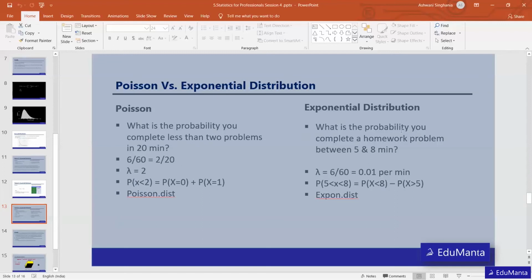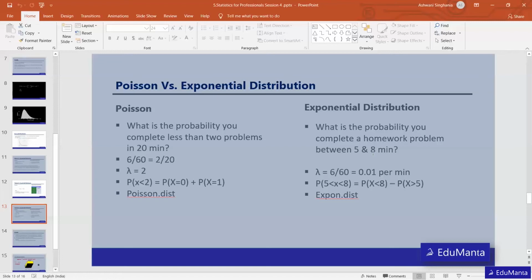So what is the probability you will complete a homework problem between 5 and 8 minutes? Here the completion of homework is basically the time you are going to take. You started one question, completed it, and are just going to start the next question.